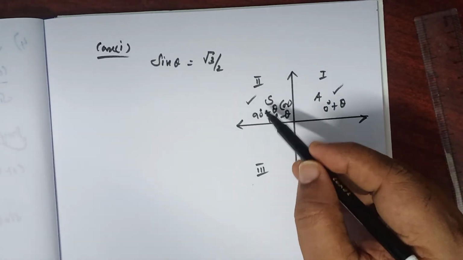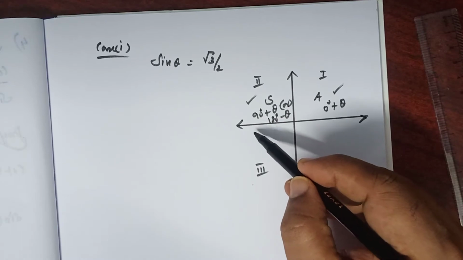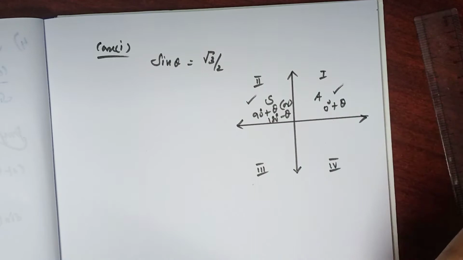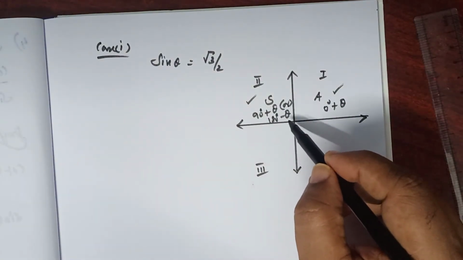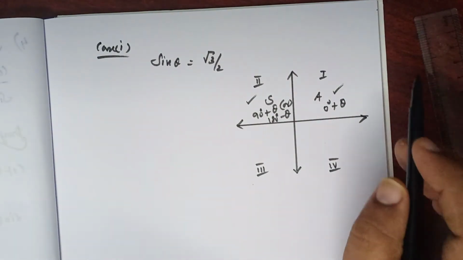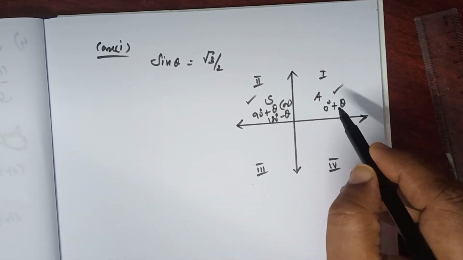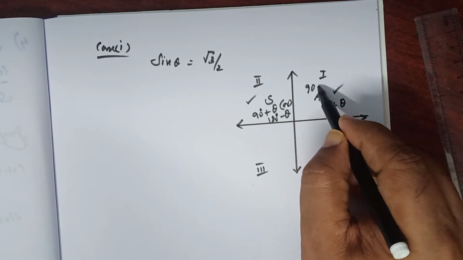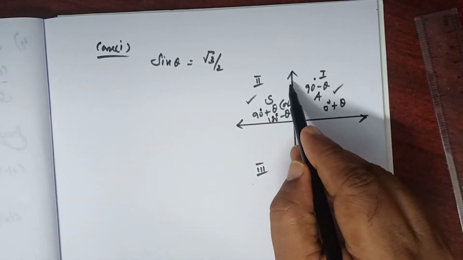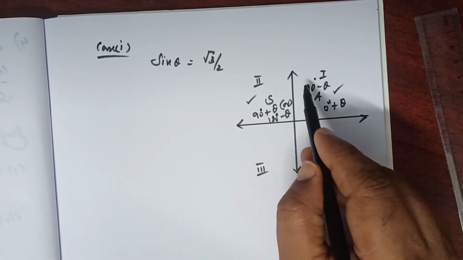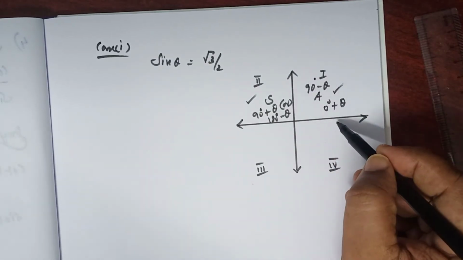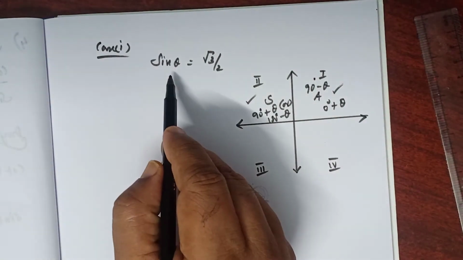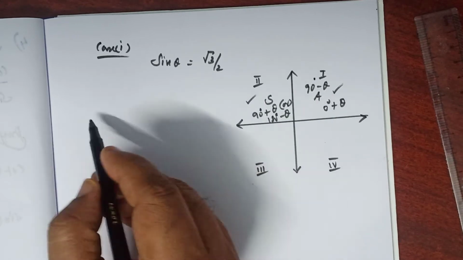Otherwise, if you move in the clockwise direction from 180 degree, you get 180 minus theta. So there are two ways you can represent it, 90 plus theta or 180 minus theta. Here this is 0 plus theta or 90 minus theta, both ways you can represent it. We know that sin 60 degree is equal to root 3 by 2.